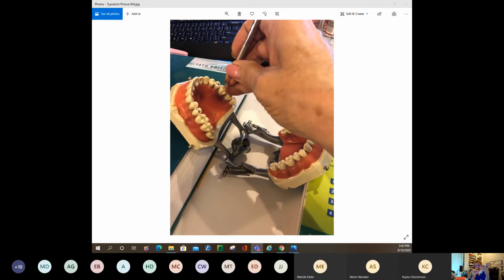Ours is different. Yours has a lot of calculus underneath it. Don't pick that calculus off because you're going to want to scale it off later. So try to go over the calculus and just be feeling the depth of the pocket. The great thing about your typodonts is that they have calculus. It's awesome.